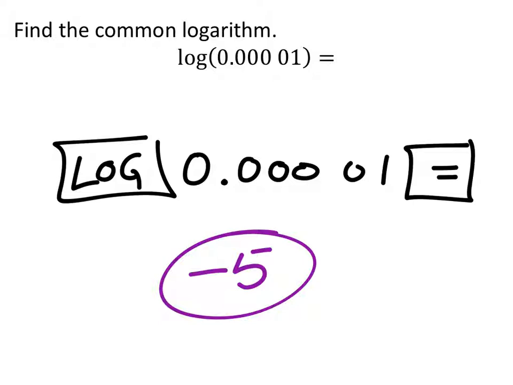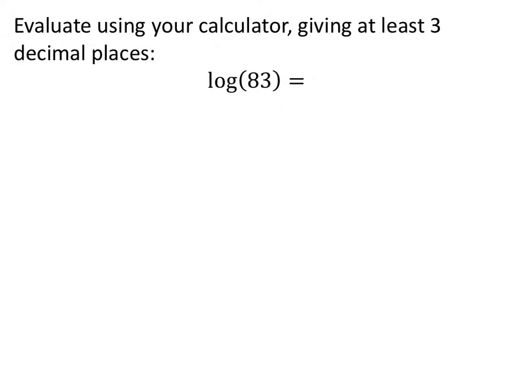That is all. Like this one, evaluate, your calculator giving at least 3 decimal places. Here's the problem with this one: if I changed it into an exponent, I would get 10 to some power equals 83. Okay, well, you can start estimating in your head, right? 10 to the power of 2 is 100, so it's got to be less than that. 10 to the power of 1 is 10, though, so maybe like 1.8, 1.85, you know, if you're lucky.